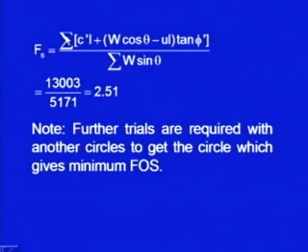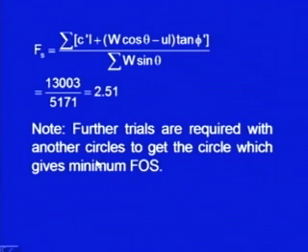Finally, the factor of safety: this is the term in the numerator which we had calculated. The summation of C dash L plus W cos theta minus U L tan phi dash comes out to be this much. The summation of W sin theta is 5171, and the factor of safety then we get is 2.51. So, this is the factor of safety for the trial circle which we have taken in this case.